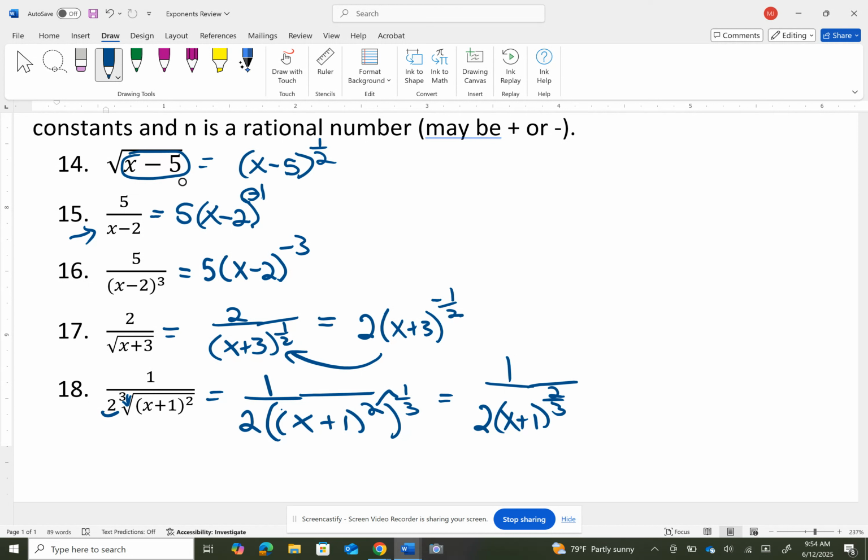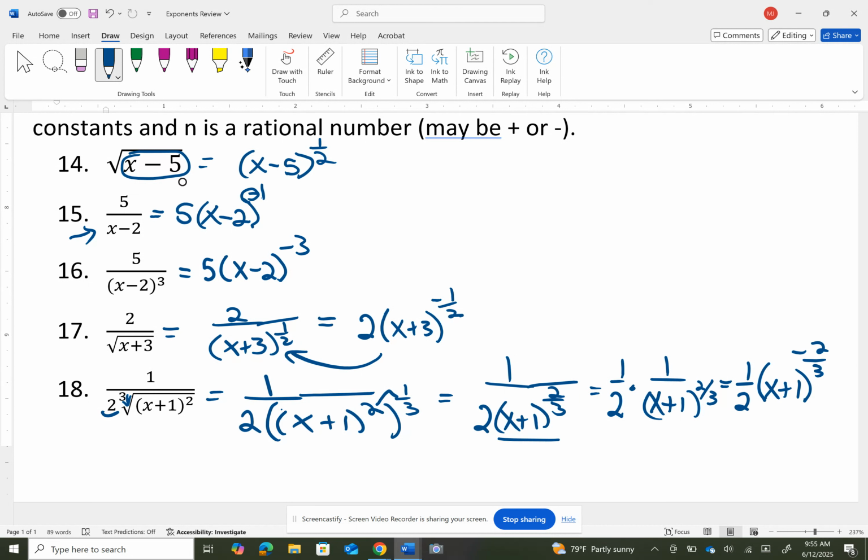So what I want is to bring this part at least back up. So now when you're looking at that, I can think of that as 1/2 times 1 over x plus 1 to the 2/3 power. Okay, and that would equal 1/2 times x plus 1 to the negative 2/3.